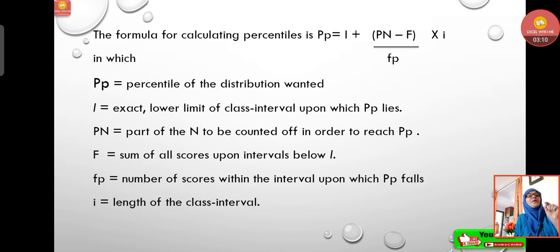Pn is the part of the n to be counted off in order to reach Pp. F is the sum of all scores upon intervals below small l. Fp is the number of scores within the interval upon which Pp falls, and i is the length of the class interval. If suppose the class interval is 10 to 15, the class interval will be 5. 10 to 20, then 10. That is the length of the class interval.